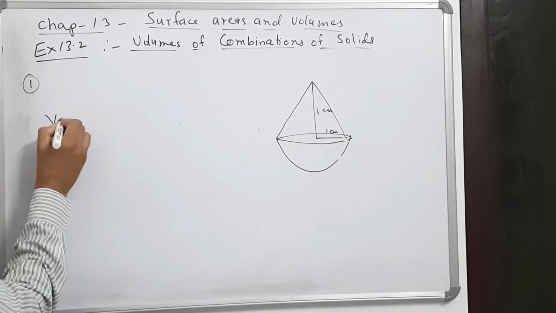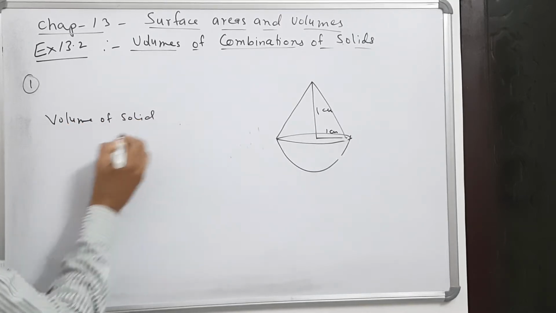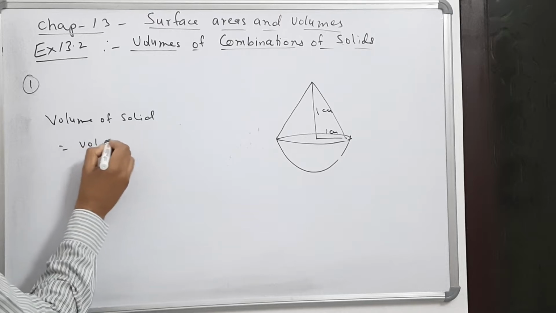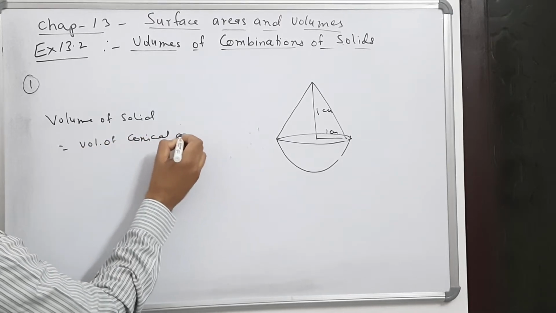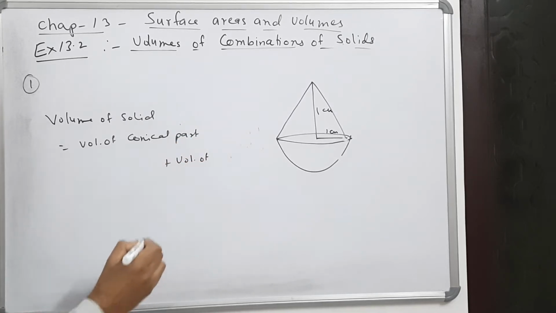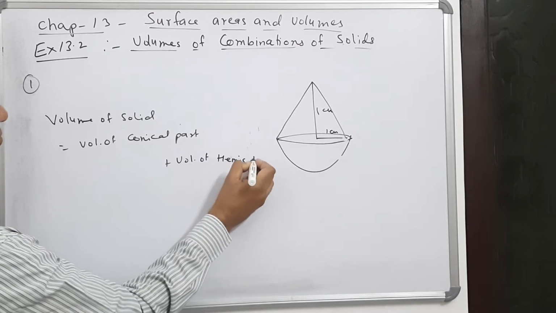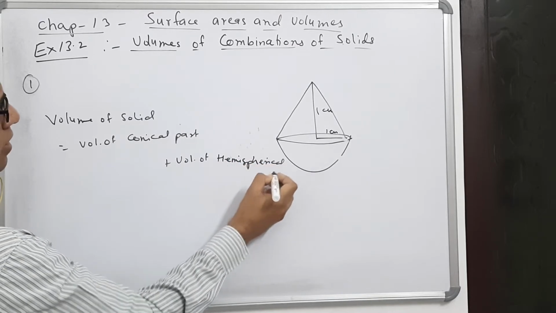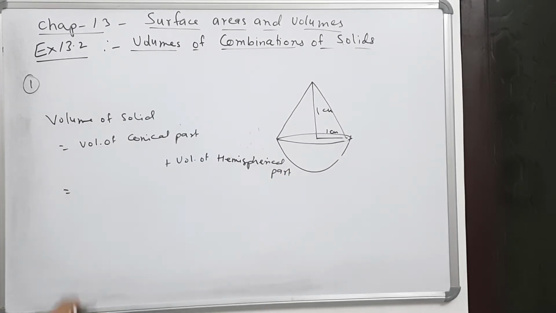So you see, volume of solid equals volume of conical part plus volume of hemispherical part. Now, what is the volume of conical part?